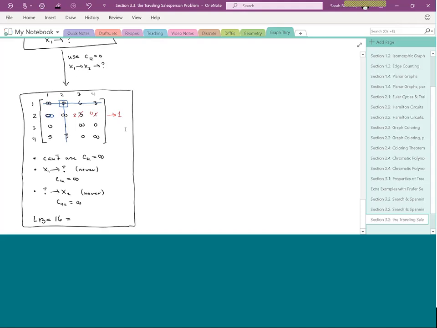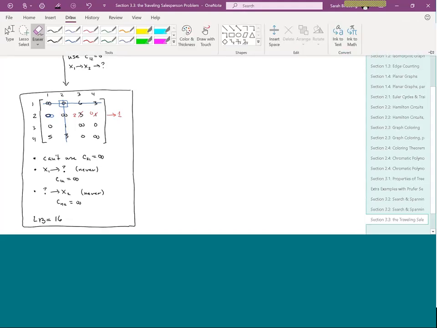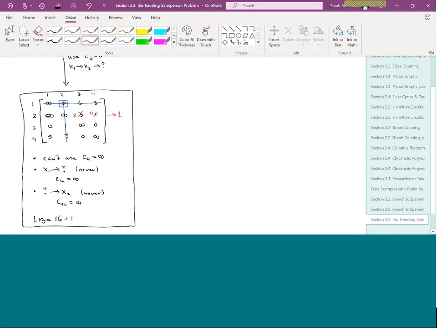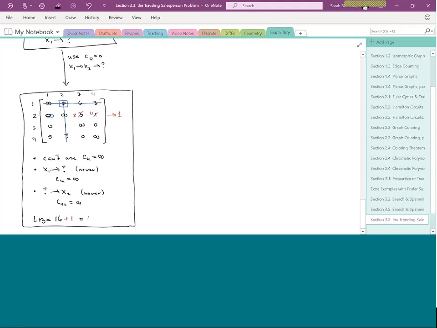So this tells us in terms of our lower bound, we are going to add the adjustment that we just did to the lower bound that we came in with. So this means that the new lower bound associated with this particular matrix, or really this particular partial Hamilton circuit, is going to be at least a cost of 17.